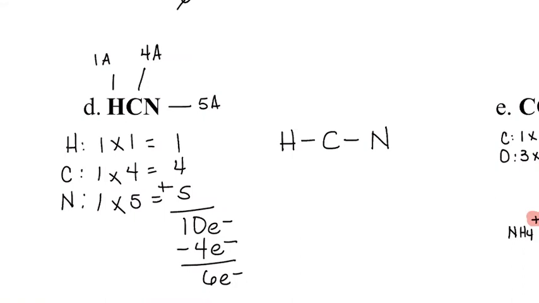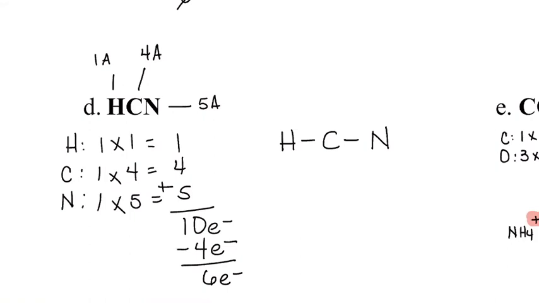Can I put any dots on hydrogen? Excellent, we can. But all of these atoms need an octet, right? The only 3 elements that don't get an octet are hydrogen, beryllium, and boron. That's it. Only those 3. Everybody else gets 8 electrons.